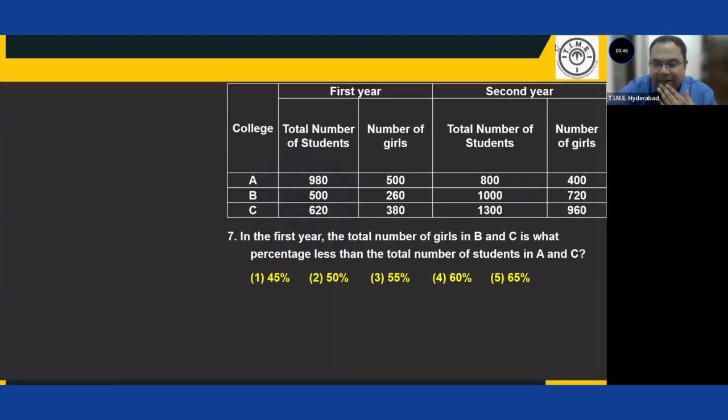Jasleen, 60%. Correct answer. Shima, correct answer. Suhana, correct answer. Abhaya, correct answer. Yadu, correct answer. Aru, correct answer. Vishnupriya, correct answer. Palak, correct answer. Shreya, correct answer. Chandani, correct answer.